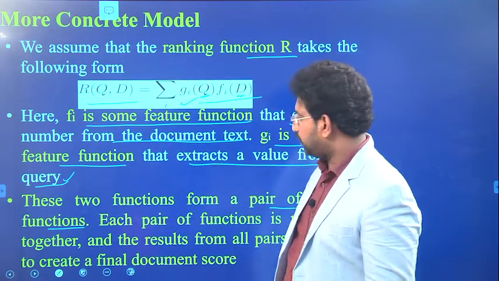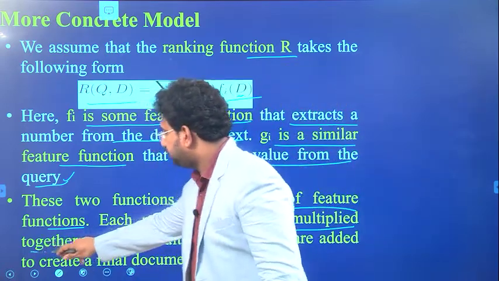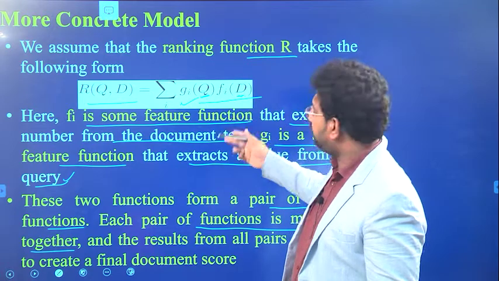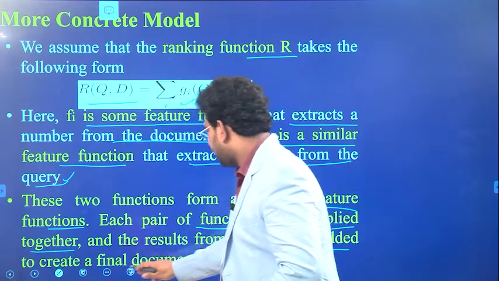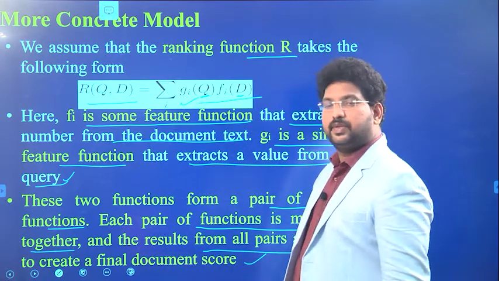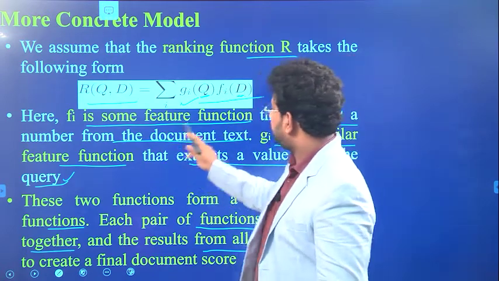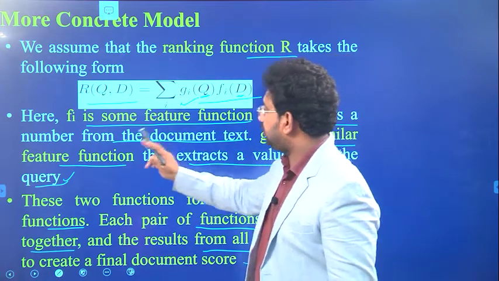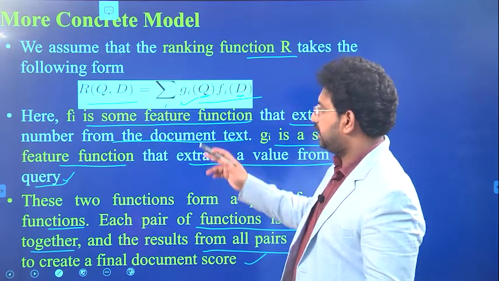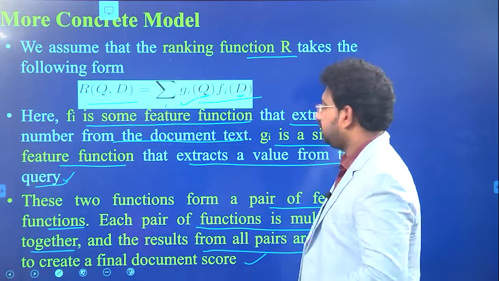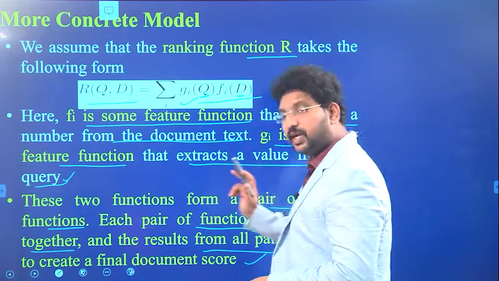So each pair of functions is multiplied together, and the results from all the pairs are added to create a final document score. If you understand here, fi is some feature function that extracts a number from the document text, and gi is a similar feature function that extracts a value from the query.